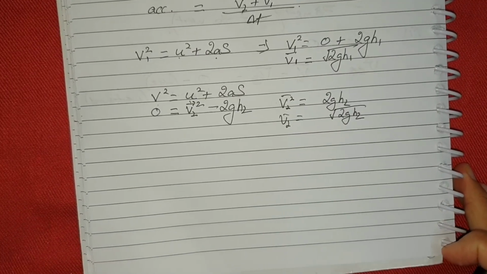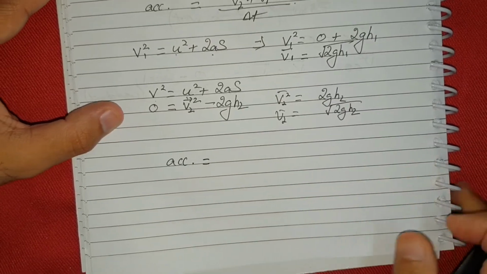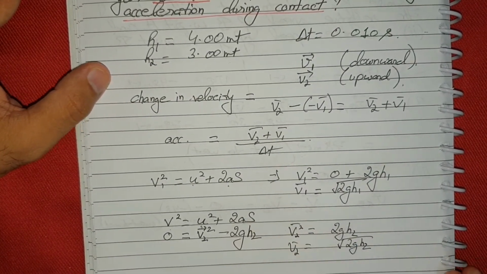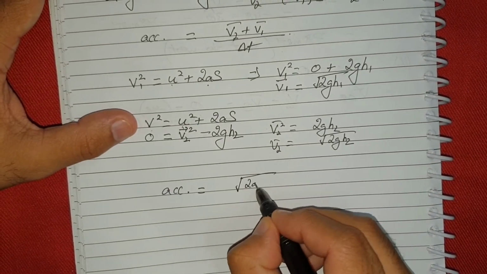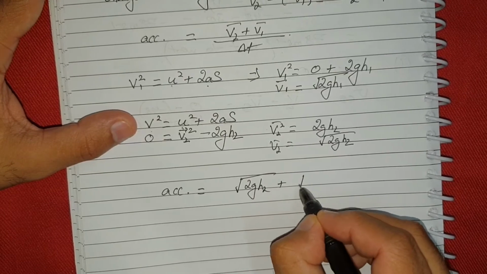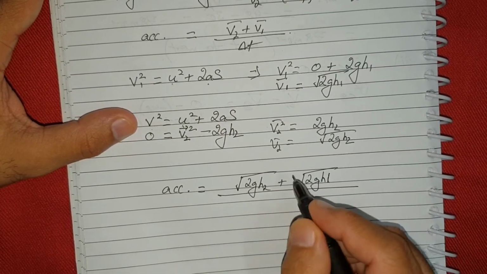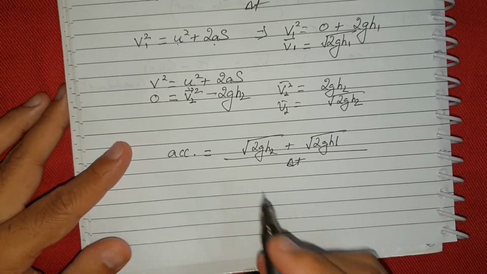Now substituting the values, acceleration equals under root of 2 g h2 plus under root of 2 g h1, upon delta t. Now I am substituting the values.